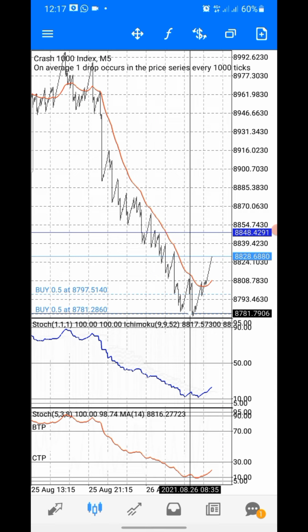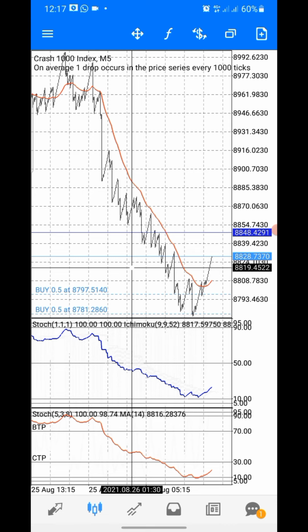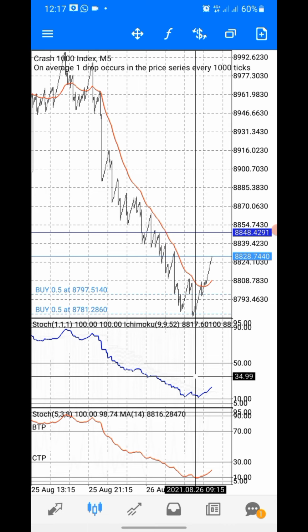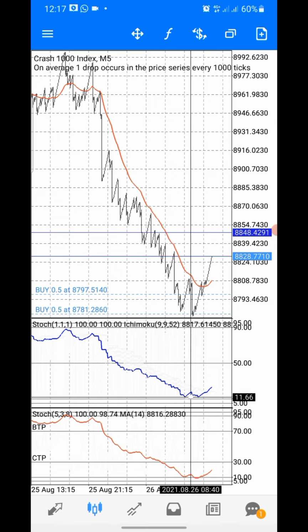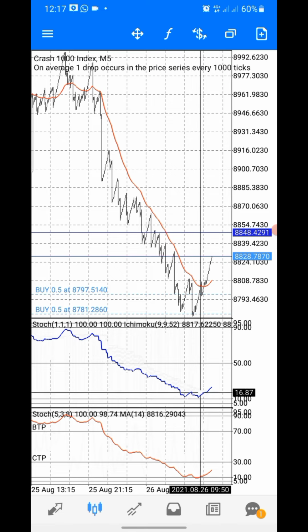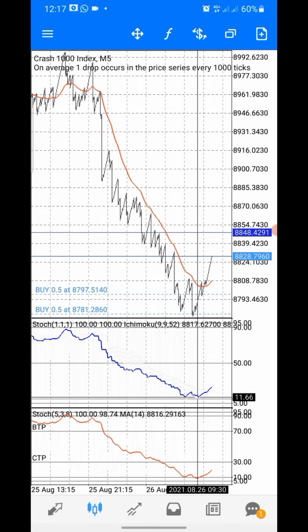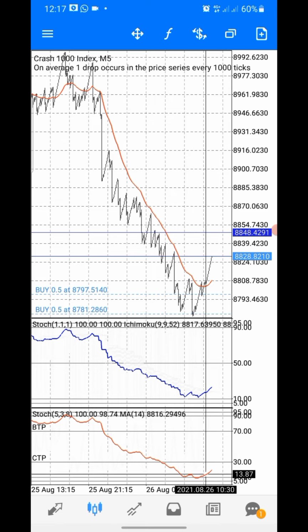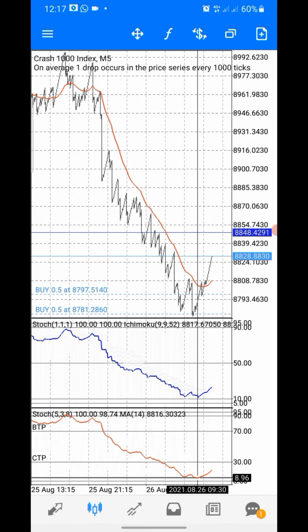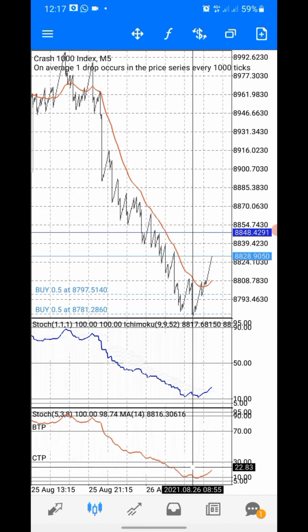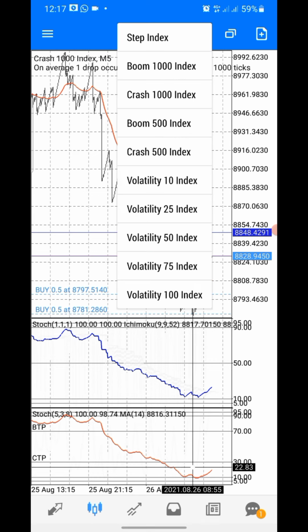If we are buying Crash 1000 or Crash 500, the first thing you have to watch out for is for this Ichimoku to be at the 10 stochastic line, and the moving average should also be at the 10 stochastic line on indicator window 2. So this is a simple way to buy Crash 1000 or Crash 500.